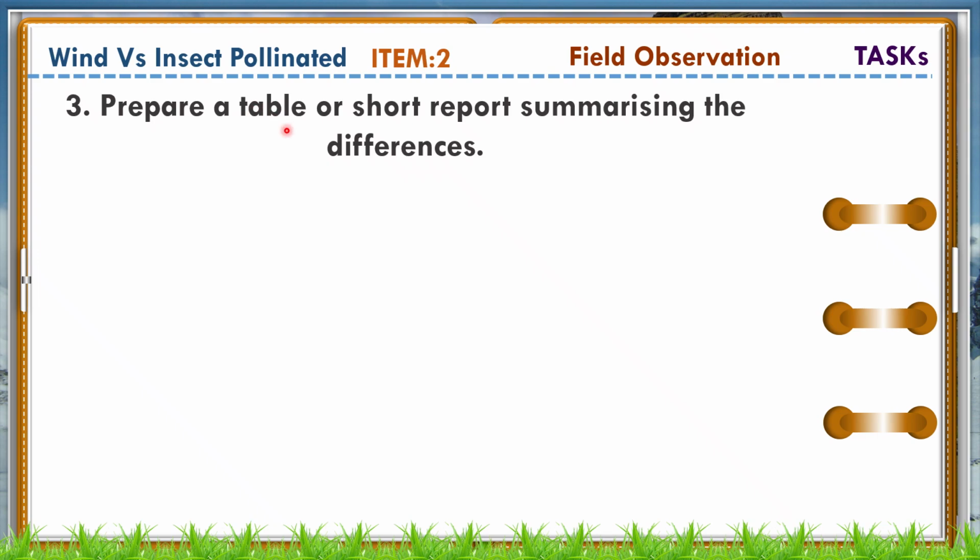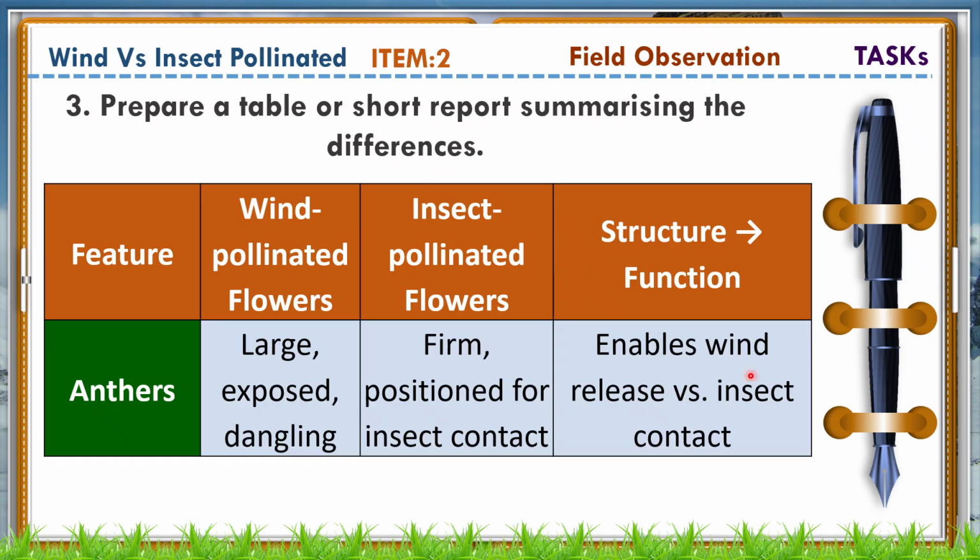Prepare a table or a short report summarizing the differences. So we have our features here, the anthers, wind-pollinated flower, insect-pollinated flower, and structure to function. The anthers for the wind-pollinated flowers are large, exposed, and dangling.